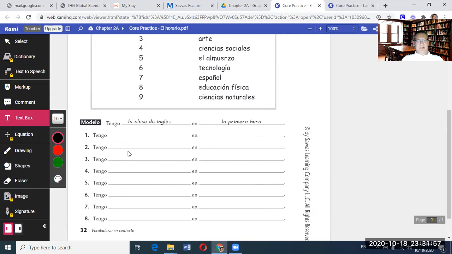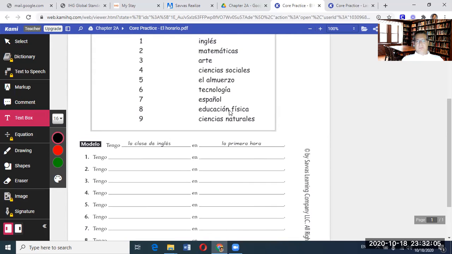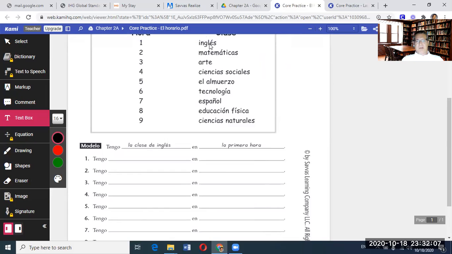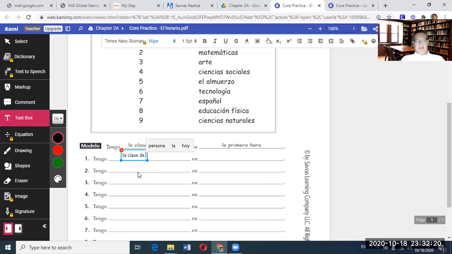So now we're going to fill in here what class. La primera hora is first period. So in first period, we have English, inglés. La clase de inglés en la primera hora. Tengo la clase de, what do we have in second period?